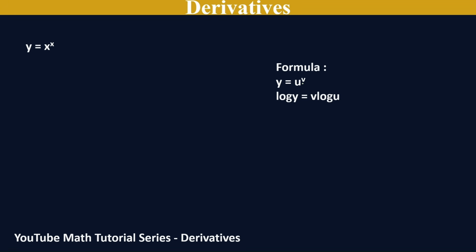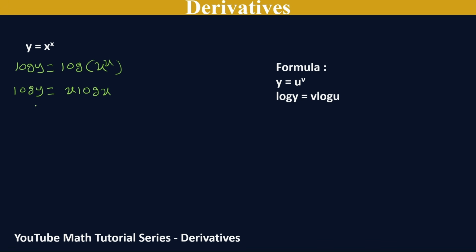So log of u to the power v will become v log u. Let's apply the same one over here. Log y will come as log of x to the power x. Power will become the coefficient, so we will be getting x log x.